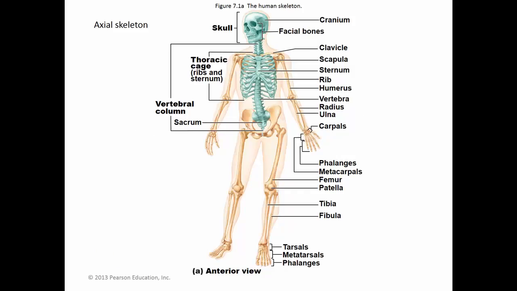All right, so remember, how we're going to break down these bone labs is we're going to break them down into the axial skeleton and the appendicular skeleton. Your first lab videos are going to cover all the bones in the axial skeleton. You're going to have a video about the bones that are in the skull, which is the cranium around the brain, and then the facial bones, which makes up your face.